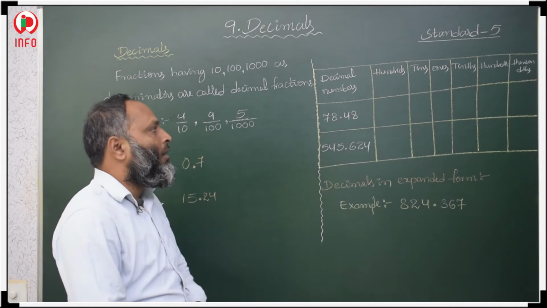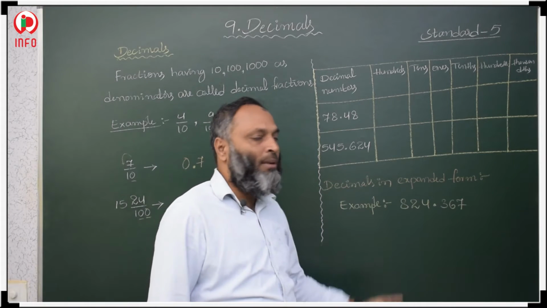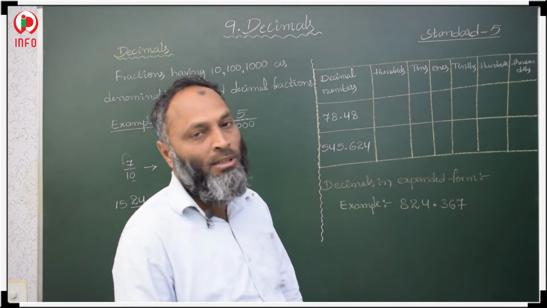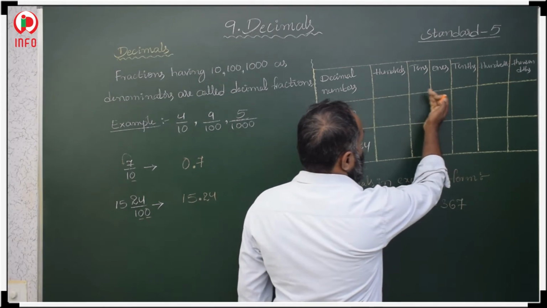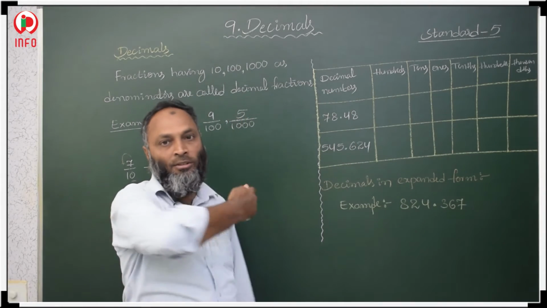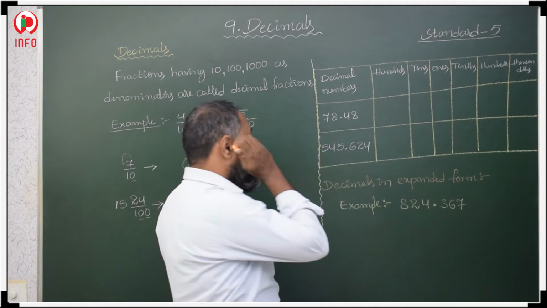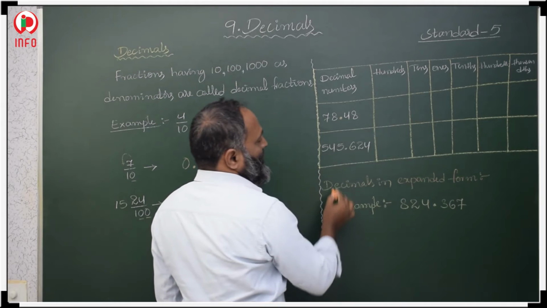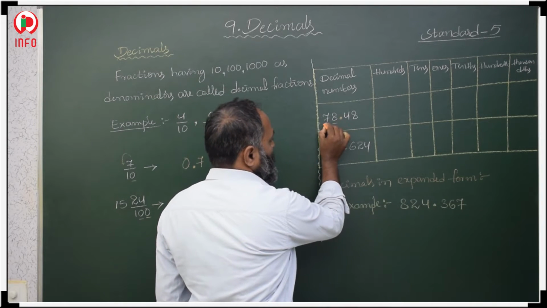Now the next concept: what are the place values of decimal numbers? We already know ones place, tens place, hundreds place, thousands, 10,000, lakh, 10 lakh, crore, 10 crore. But these are decimal places. On the left side, it starts from ones, tens.